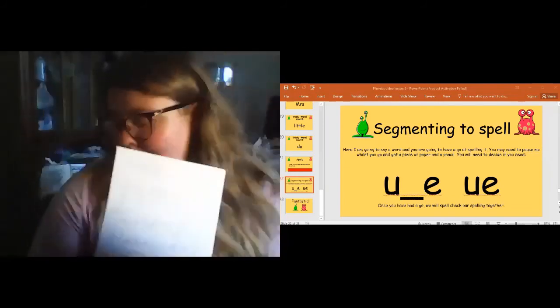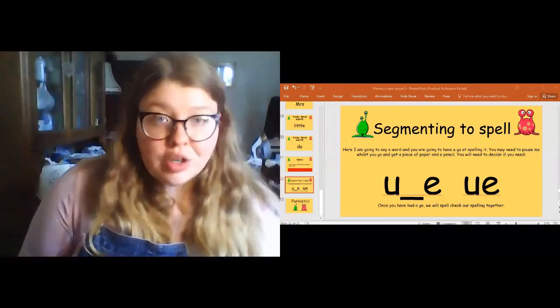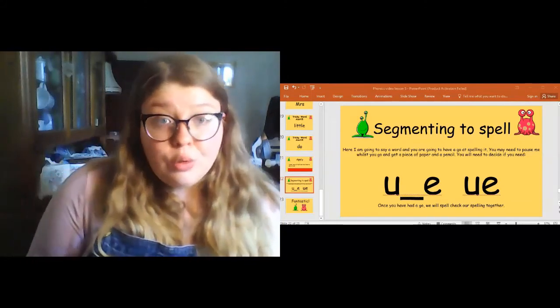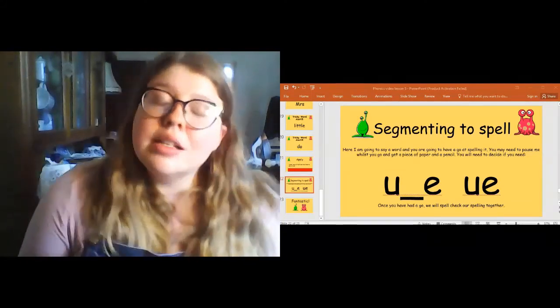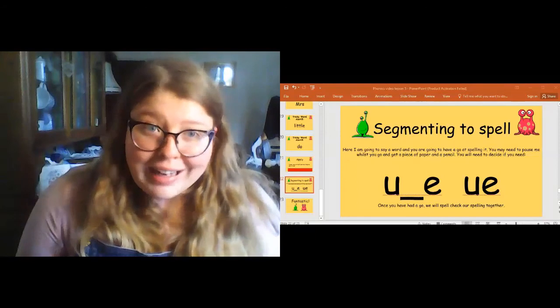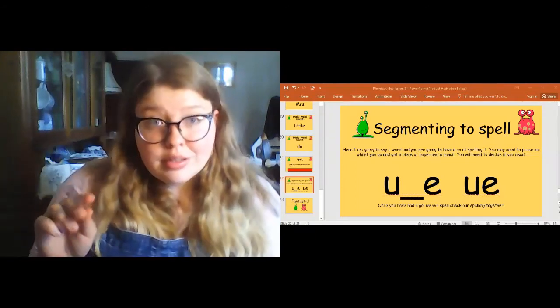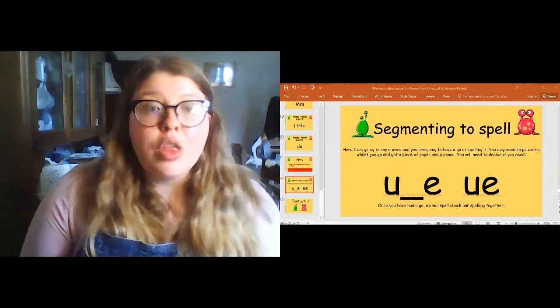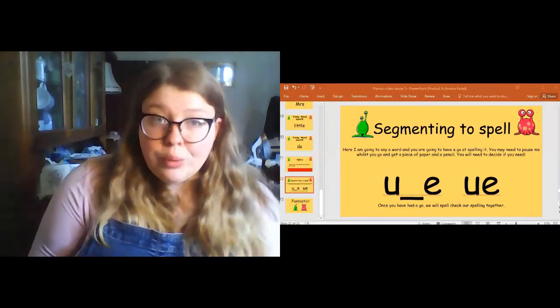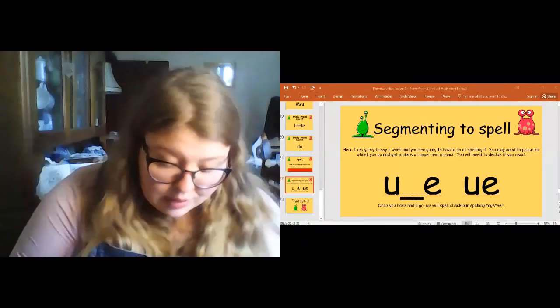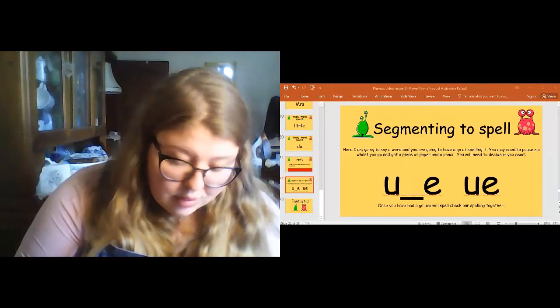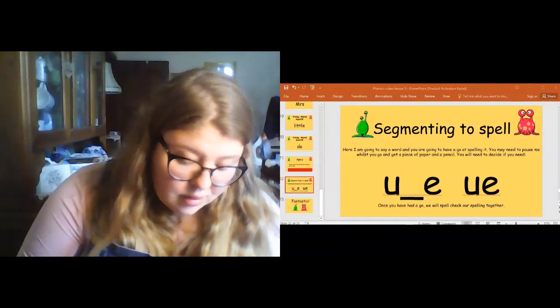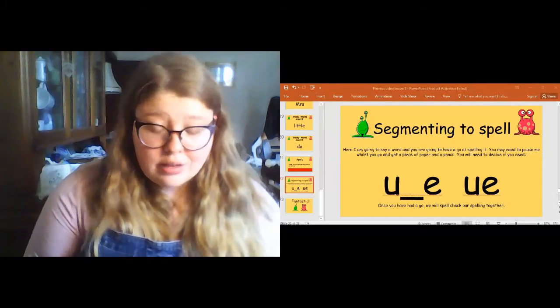Good job. Right. Let's do our 2 new spelling tricky words for today. Today I would like you to have a go at spelling the tricky word. So it's the word you. Have a go at spelling the tricky word you. Are you ready to share?